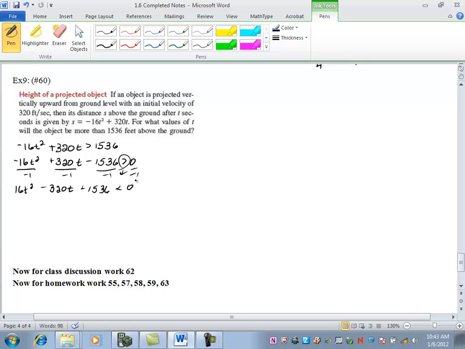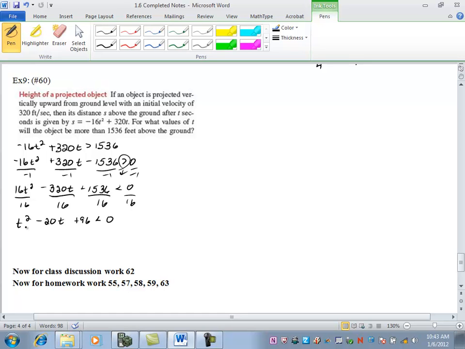And now I can divide everywhere by 16. This will make life easier. So t squared minus 20t plus 96 is going to be less than 0.